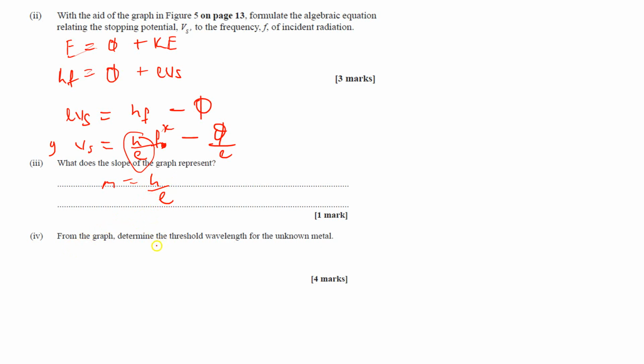It says, from the graph, determine the threshold wavelength of the unknown material. So what you must understand, threshold wavelength and threshold frequency, they are related to each other, right? Once you can identify your threshold frequency, then you can calculate your threshold wavelength. The threshold wavelength is simply the maximum wavelength that the wave should have to cause photo emission, right?